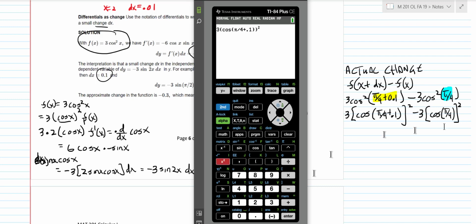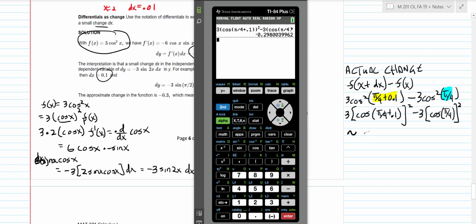Then I'm going to do the second part, the function. So 3 times cosine pi over 4, and you've got to be in radian mode when you do this, and then squared like that, all right? So if I put this in, this is kind of what I was hoping would happen.